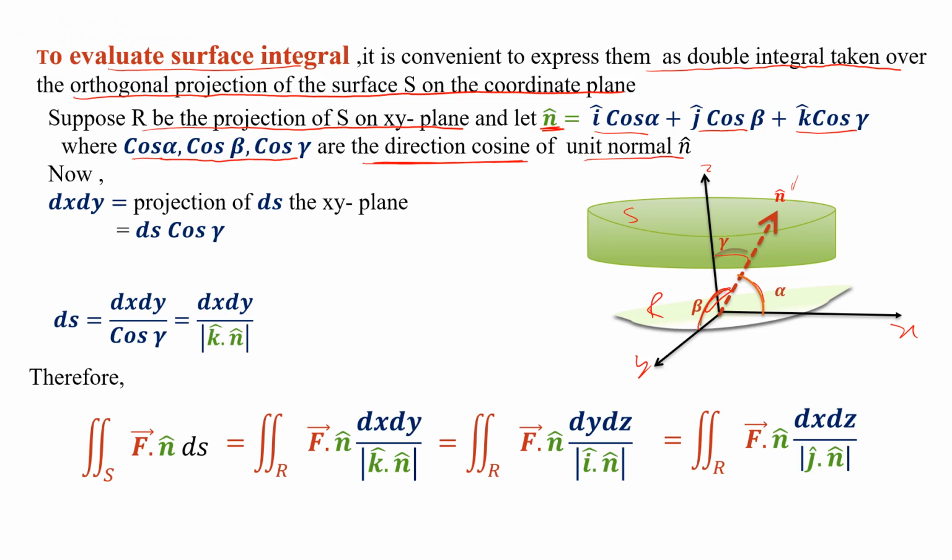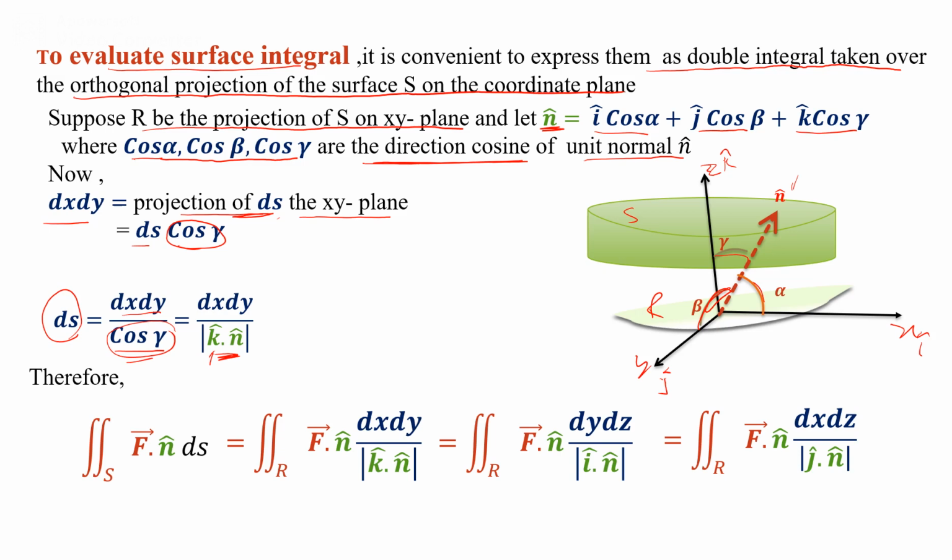So here cos alpha, cos beta and cos gamma are the direction cosines of that unit normal vector n cap. If we take the projection on the xy plane, the projection of dS, that is dx dy, is equal to dS cos gamma. So we can write dS equal to dx dy upon cos gamma, and cos gamma is k vector dot n vector, so we can write k dot n cap.